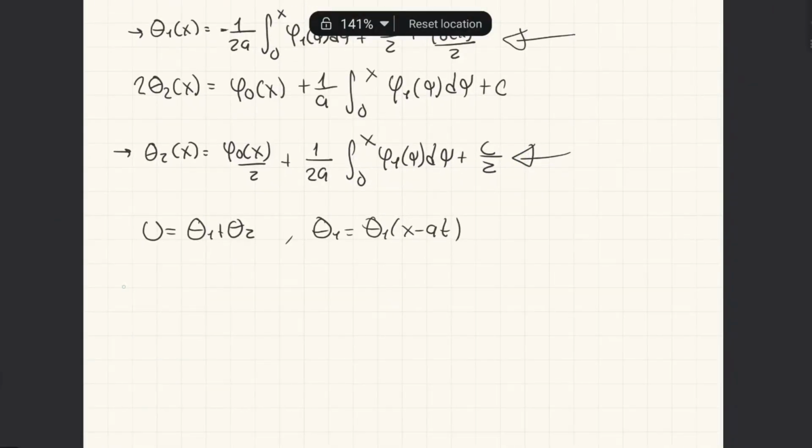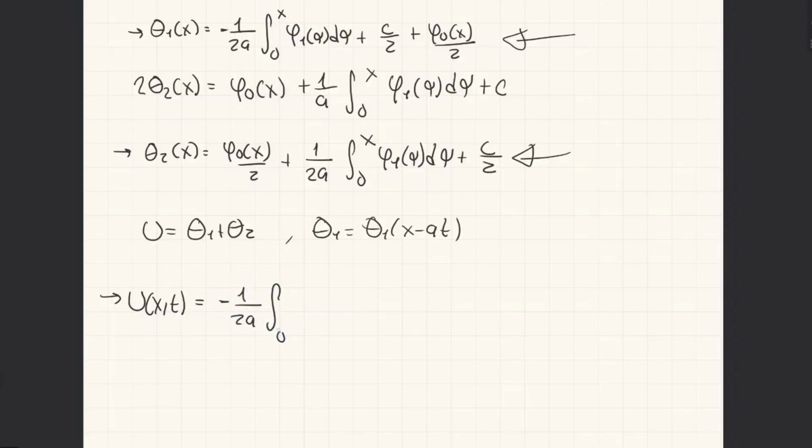Okay, so we are going to have that u of x comma t equals theta 1 evaluated at x minus at. So that is minus 1 divided by 2a, the integral from 0 to x minus at, phi 1 of alpha d alpha plus c divided by 2 plus phi 0 of x minus at, and then plus theta 2, right?